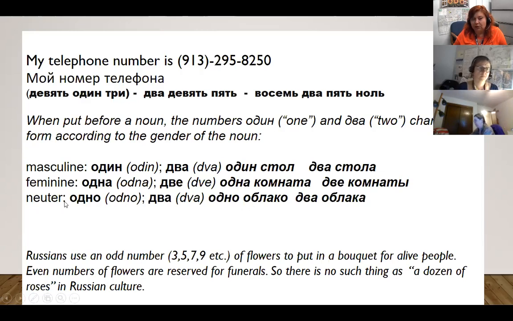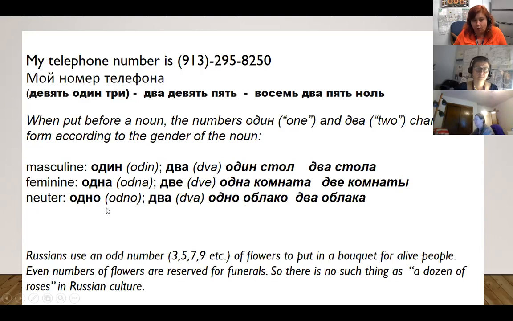And if we look at neuter words, for example, облако, a cloud, it is neuter in Russian because it ends in o. Words that end in o or ye, in most cases, there are always exceptions, of course, will be neuter.